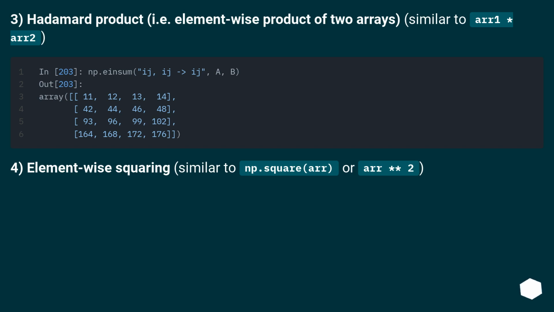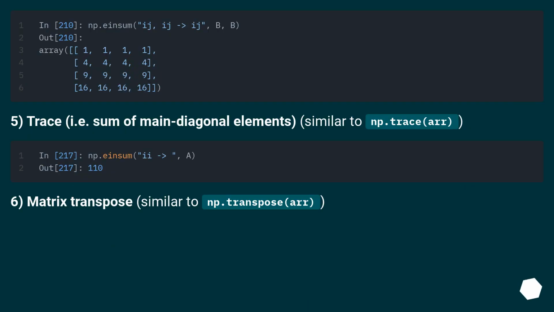Element-wise squaring, similar to np.square. 5. Trace, i.e. sum of main diagonal elements, similar to np.trace. 6. Matrix transpose, similar to np.transpose.